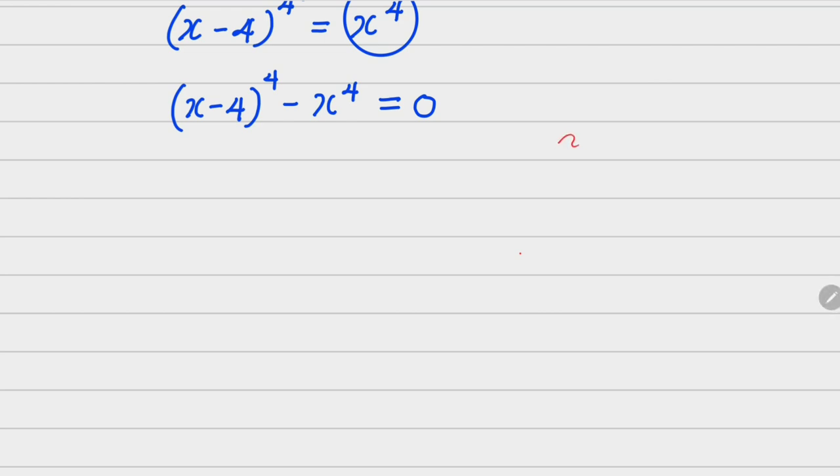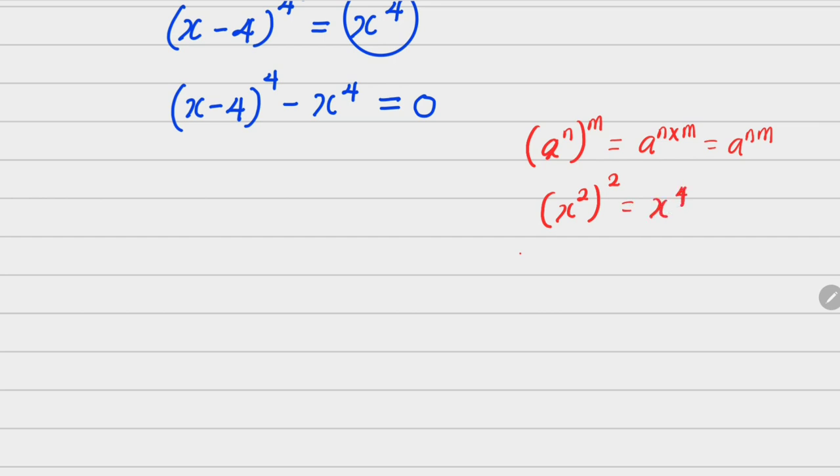Now, do you know that if I have a raised to power n, all raised to power m, this is going to be a raised to power n times m, which is the same thing as a raised to power nm. This is one of the laws of indices. And hence, it means that if I have x raised to power 2 raised to power 2, it is going to give me x raised to power 4.